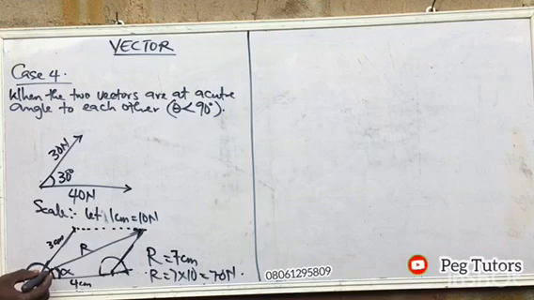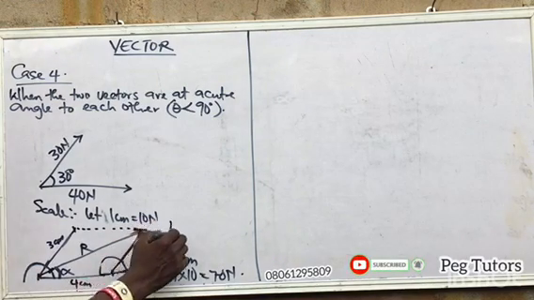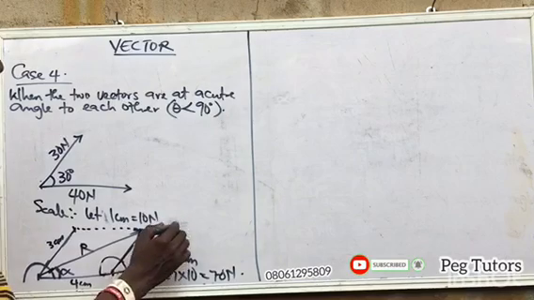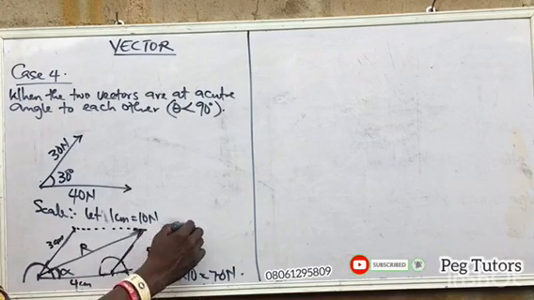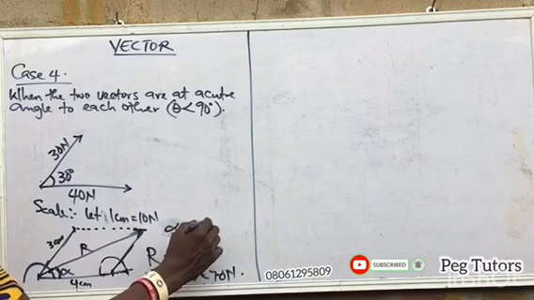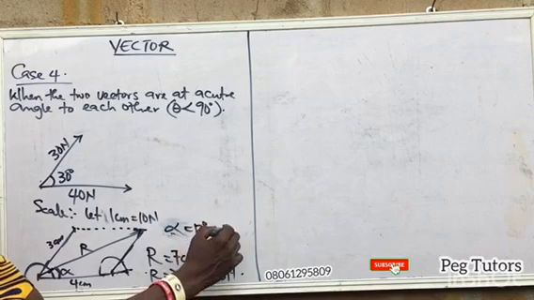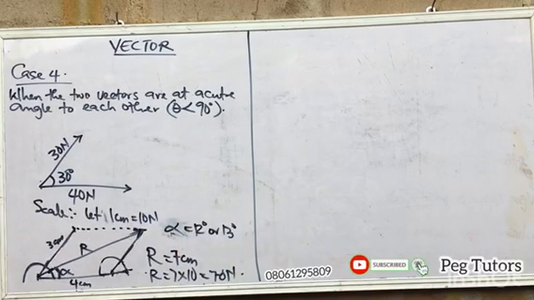Whatever it is becomes your alpha. So let's assume at the end of the day, it might just be 12 degrees or 13 degrees. So that becomes your direction of the resultant vector.